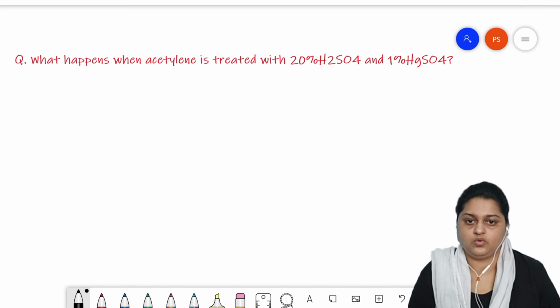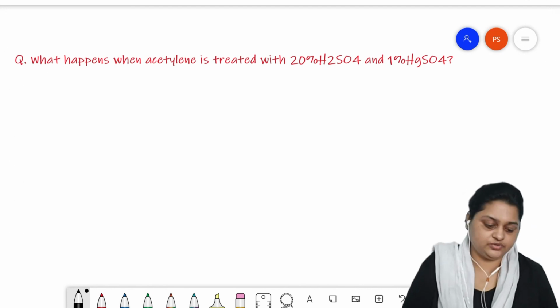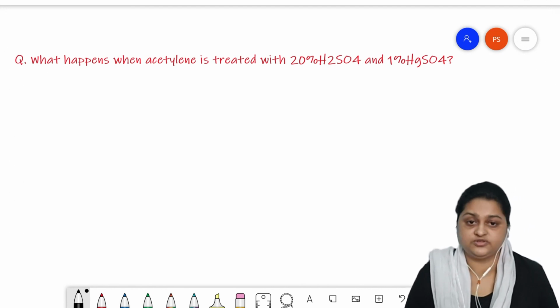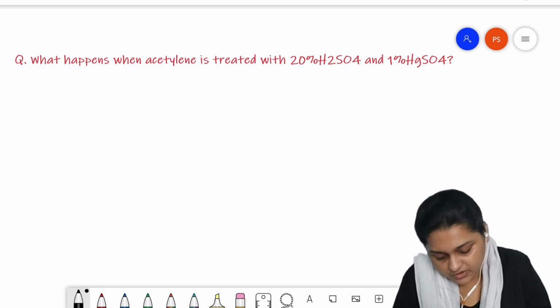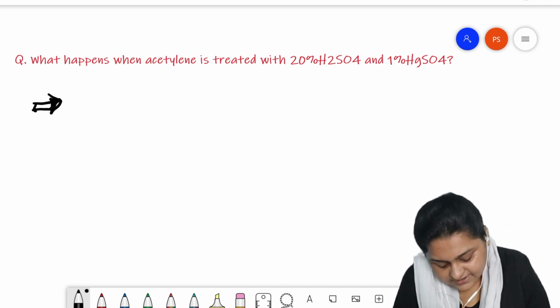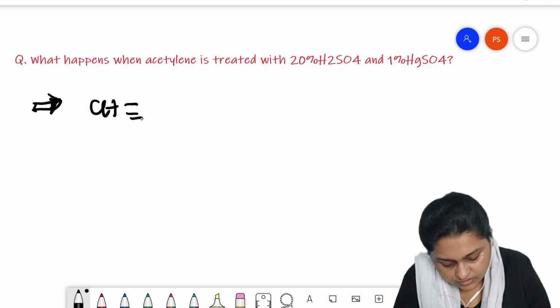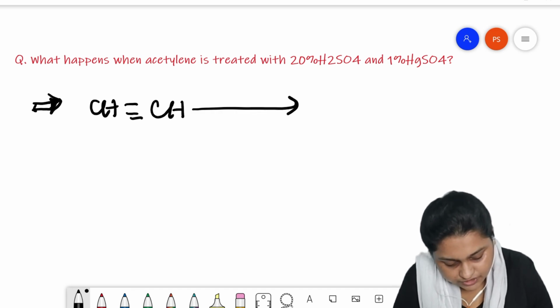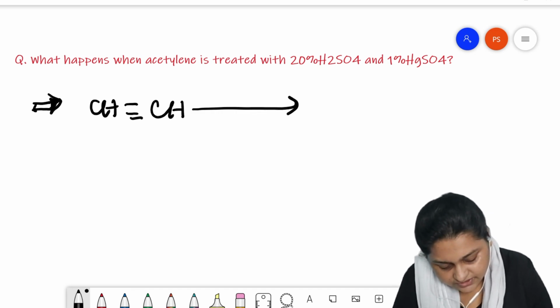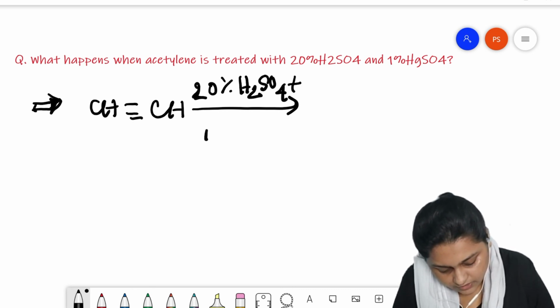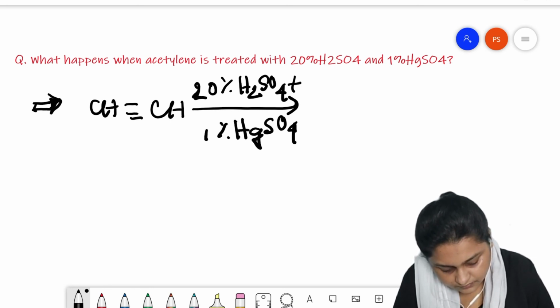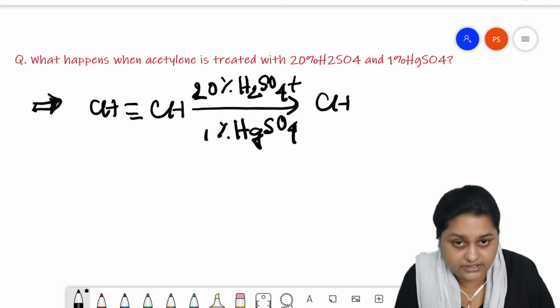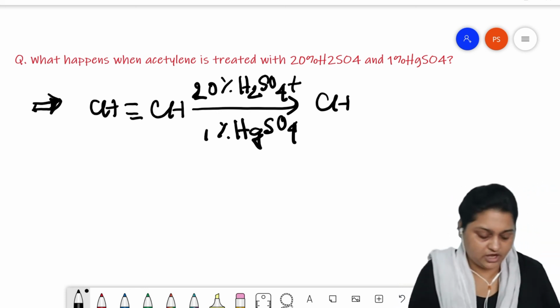What happens when acetylene is treated with 20% H2SO4 and 1% HgSO4? Now, when acetylene, CH triple bond CH, is treated with 20% H2SO4 and 1% HgSO4, water is added to the triple bonded carbons.